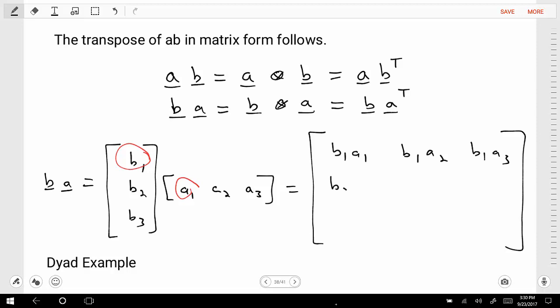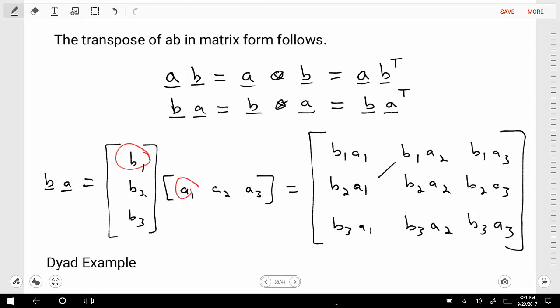Okay, now B2, A1, B2, A2, B2, A3, and then finally B3, A1, B3, A2, and B3, A3. Now, if we were to compare this dyad tensor to the previous one we found, we'll see that we've actually transposed the terms.